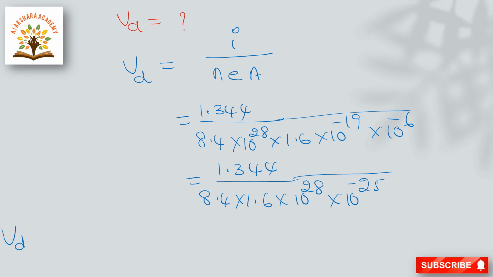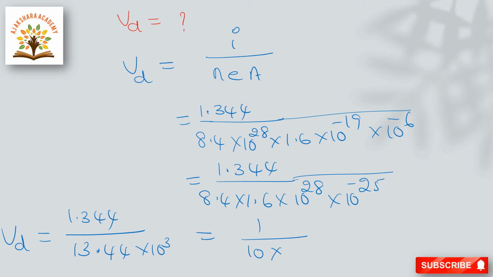Now v_d is equal to 1.344 by 13.44 into 10 cube. So that is equal to 1 by 10 into 10 cube. So that is equal to 0.1 into 10 to the power of minus 3 meters per second, or 0.1 millimeters per second. Okay.